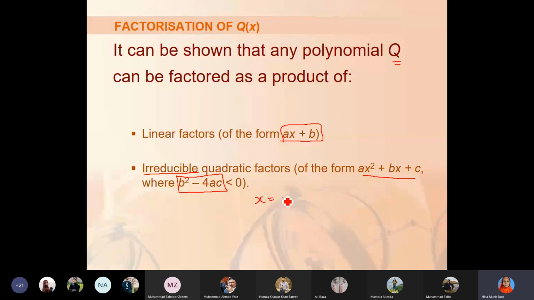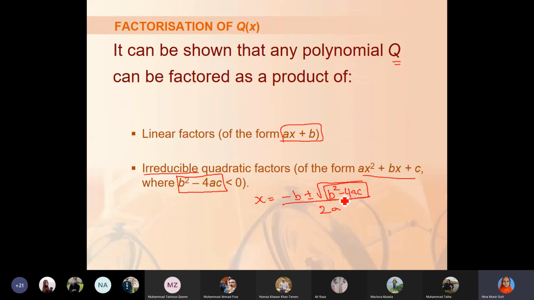If I have to find the roots of a quadratic equation or a quadratic function, the roots are given by minus b plus or minus the square root of b square minus 4ac, over 2a. Then the nature of the roots depends on this.